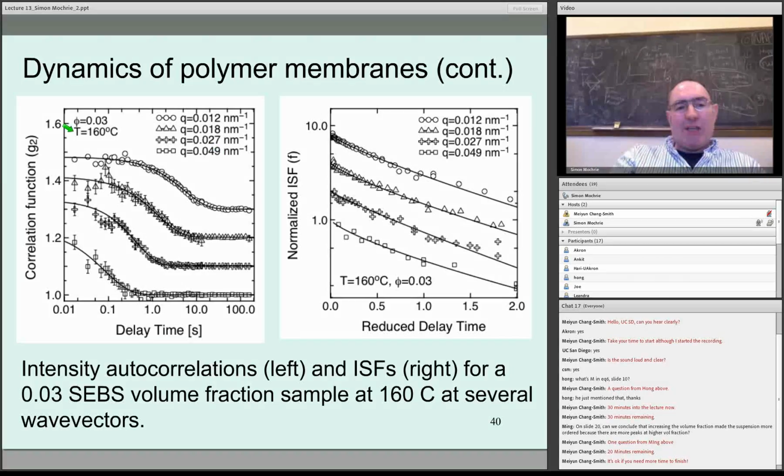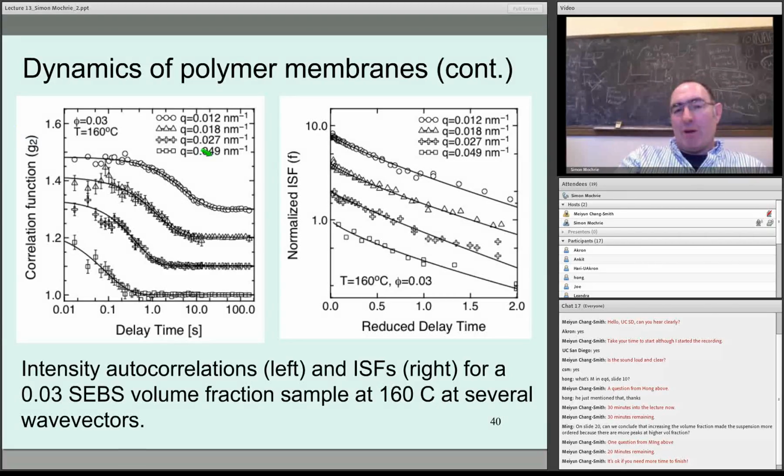Now previously I was describing the intensity autocorrelations, when we fit them, as simple exponentials. You can tease out from the data whether they're actually single exponentials by plotting the log of the intermediate scattering function. That's to say, we take G2, we subtract 1 from it, and then we take the square root, which gives us the intermediate scattering function.